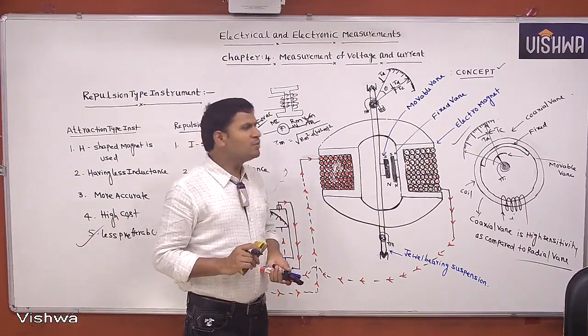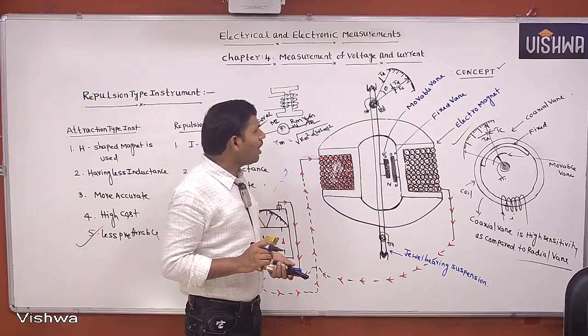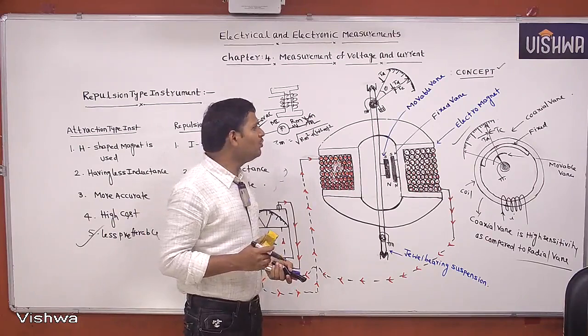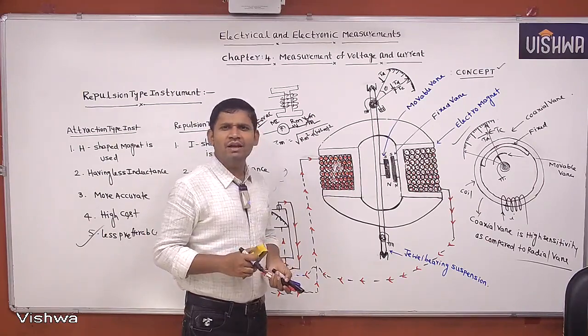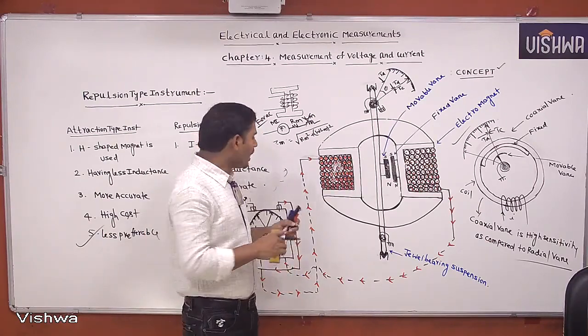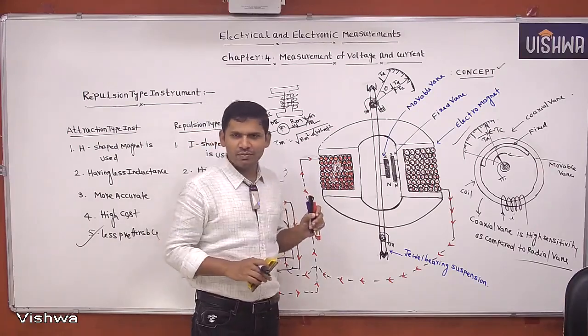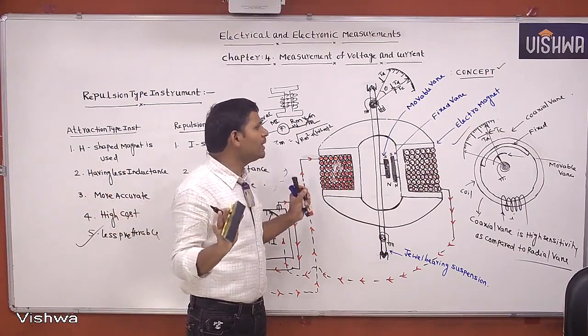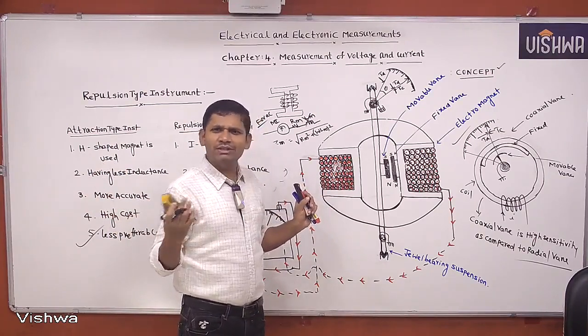These moving iron instruments have high power consumption, no doubt at all. One of the main advantages of moving iron instruments is less cost. I'm not talking about attraction and repulsion; in general, compared to any other instrument, these instruments are less cost, but the power consumption is also more.